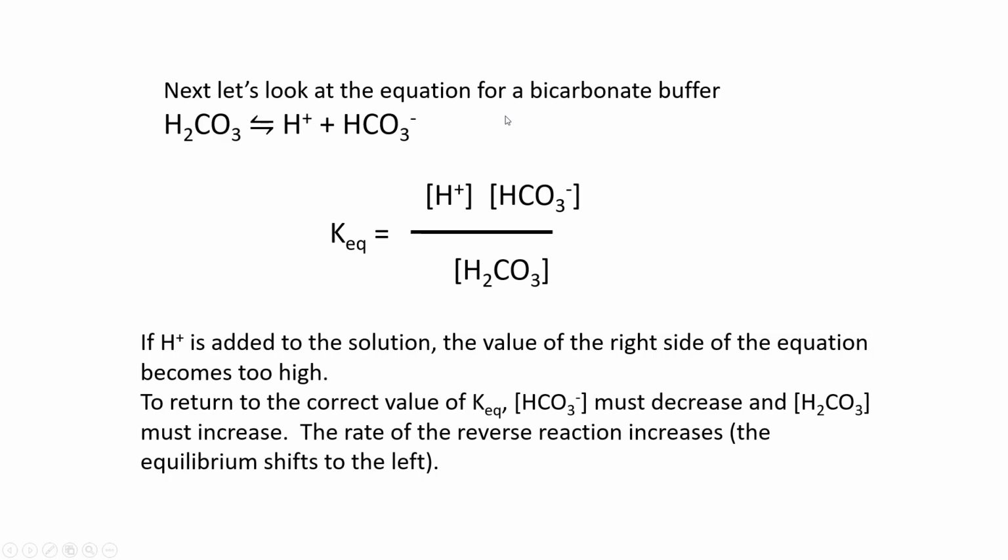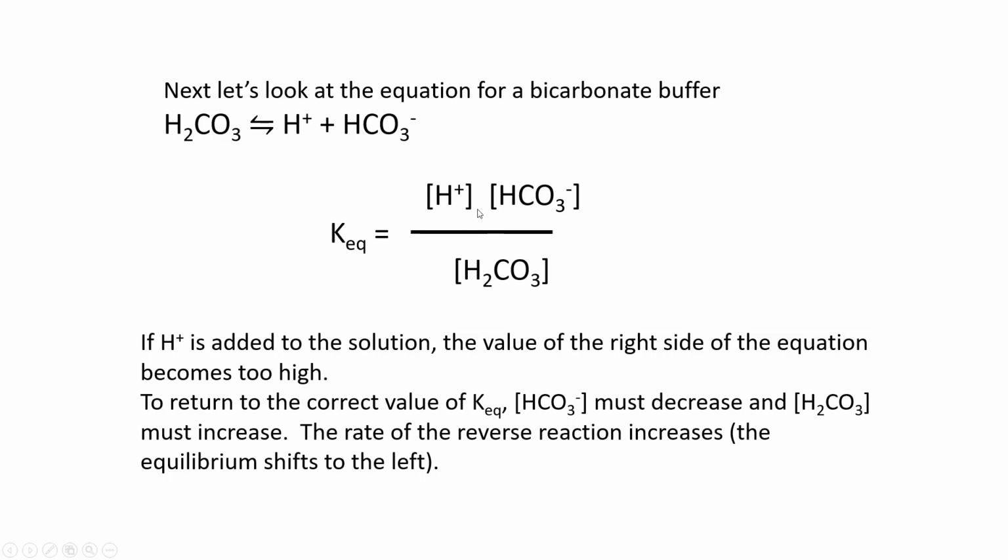Let's look at the equation for the bicarbonate buffer. So we have carbonic acid, which has a reversible reaction in which it can donate hydrogen ion to the solution, and then you have bicarbonate, which is HCO3 minus. So if you plug these in, KEQ equals H plus in brackets multiplied by bicarbonate in brackets, meaning their concentrations, divided by the carbonic acid concentration.